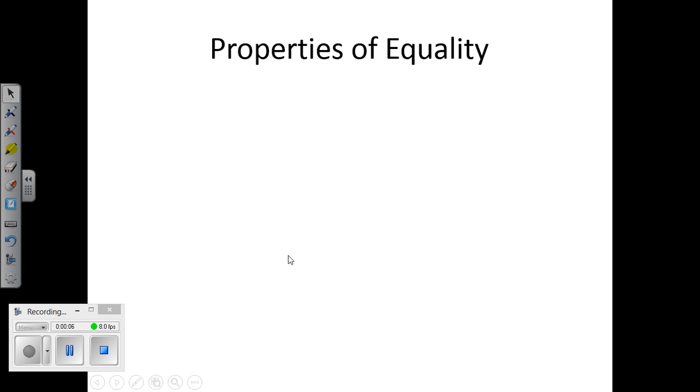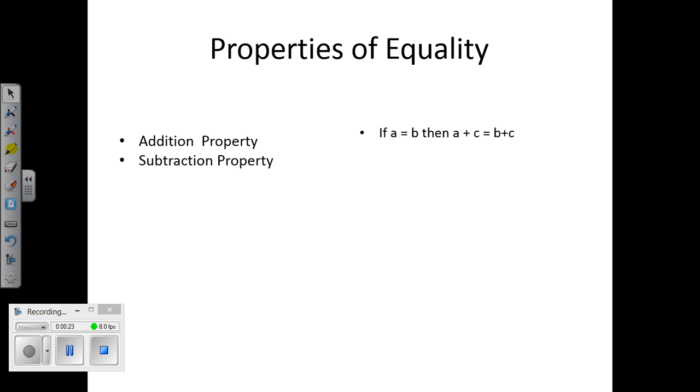Okay, we're going to start looking at some properties that are carryover from algebra. An addition property says if you have two equal things and you add the same amount to them, they maintain their equality. If A is equal to B, then A plus C is equal to B plus C. Subtraction property effectively says the same thing, only if you start out with equals and subtract the same amount, you end up with equals.